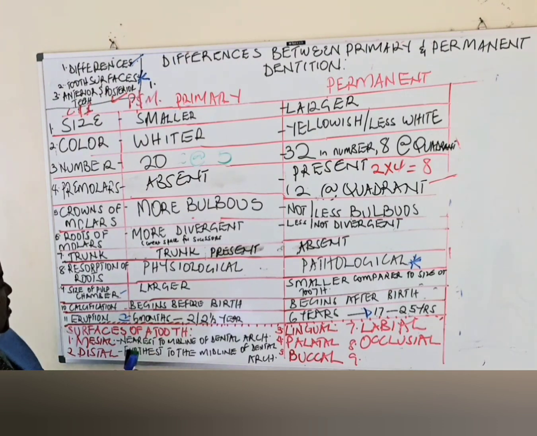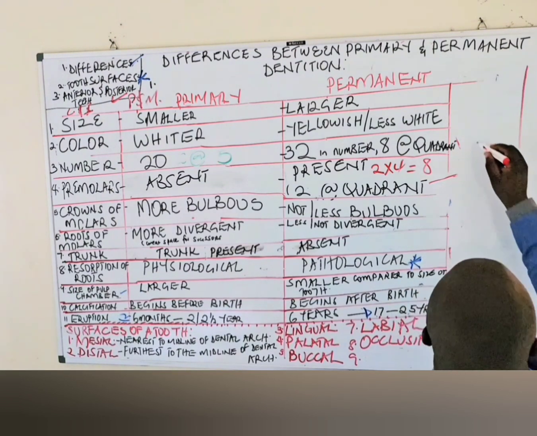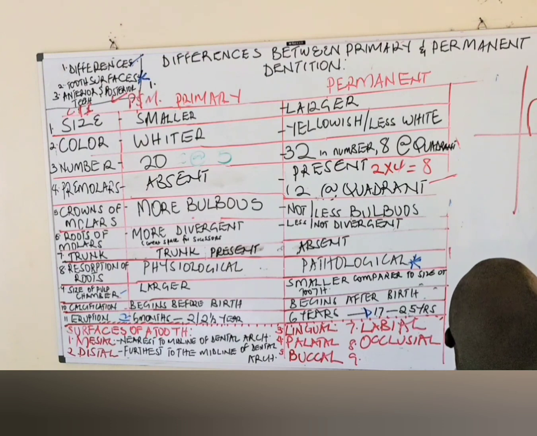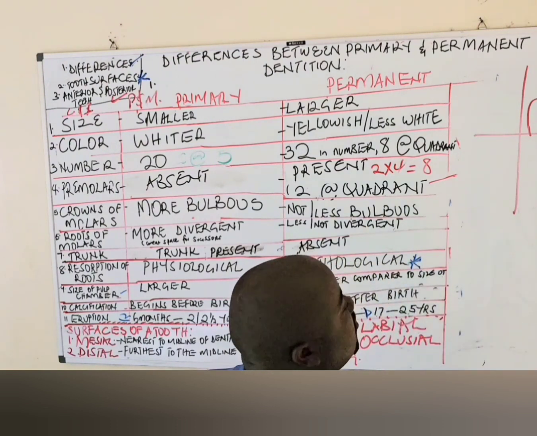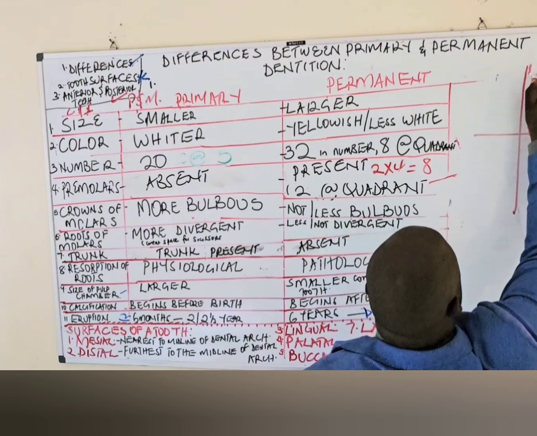A tooth surface is, we begin with mesial. Suppose this is our midline. We have different teeth. If we say permanent teeth, we have different teeth from, this is our midline.